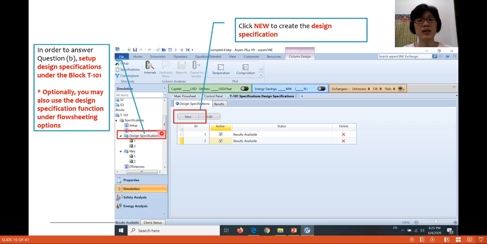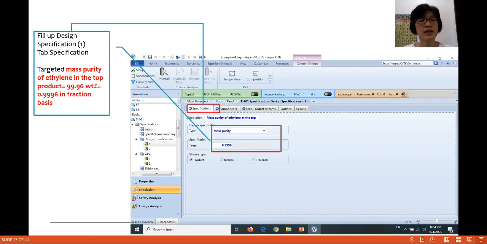Okay? So what you need to do is go to design spec and click New in order to generate design spec 1 and 2. Here we have two targets, right? The targeted purity for the distillate and also the bottom product. We have two targets, that's why we set two design specs. So let's put in design spec number 1, target number 1.